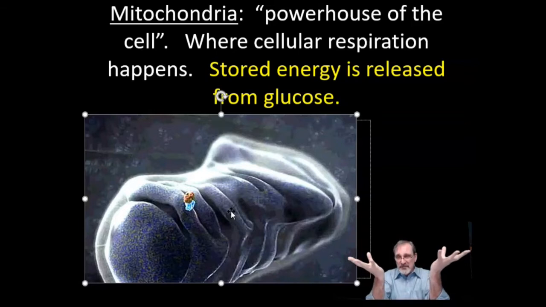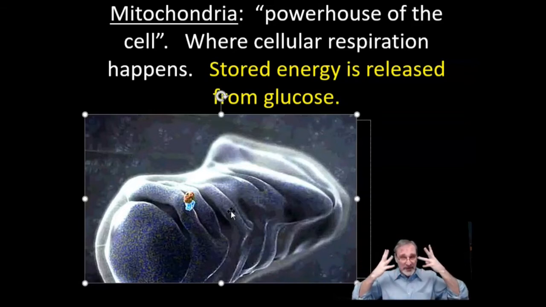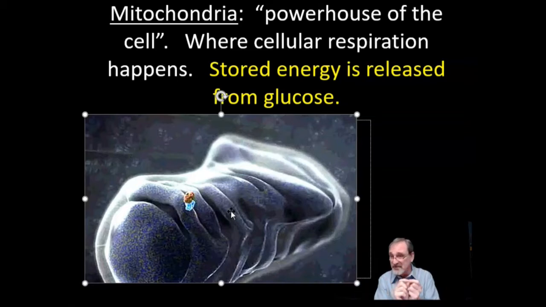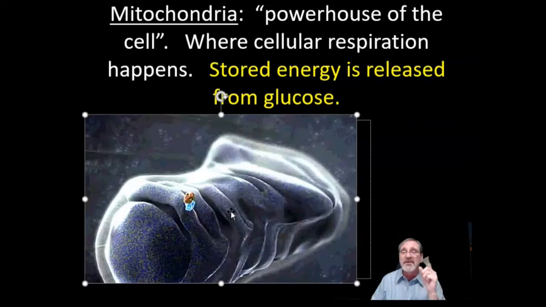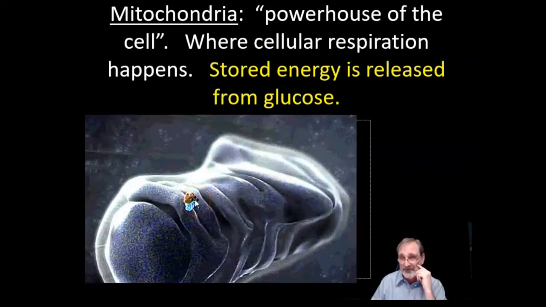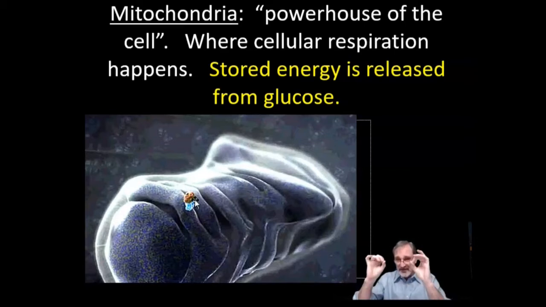It's when the sugars floating through your bloodstream have stored energy in there, and that energy is released for you to use. That energy is released in the mitochondria. It's the organelle inside of it. It releases the energy from glucose. And so, like the chloroplast does the photosynthesis, mitochondria does the cellular respiration.